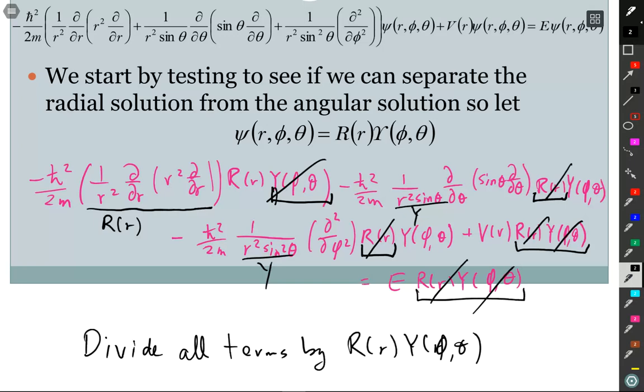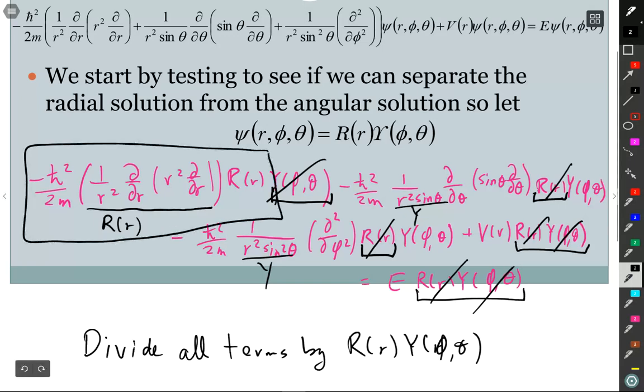What was the point of that? What variable is in that box? R. What about this box? Oh, I see something else I should have done.